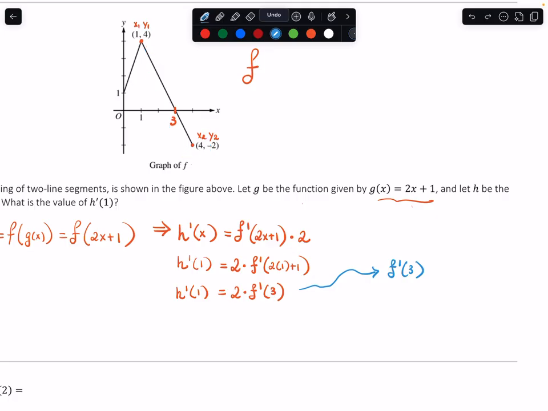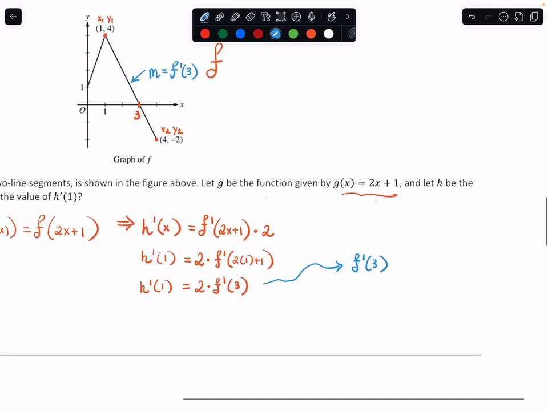It is the slope of the tangent line to that curve when x is 3. But guess what? The function, both pieces, but certainly the function at x is 3, is a linear function. So the derivative of this function at 3 would actually just be the slope of the line, wouldn't it? That's what the derivative tells us. When we think about linear functions, you don't use calculus there in that sense. If you want the slope of this line, just find the slope of the line.